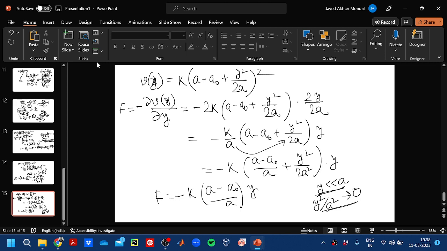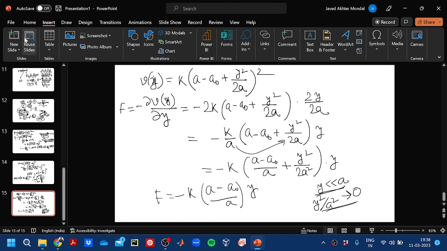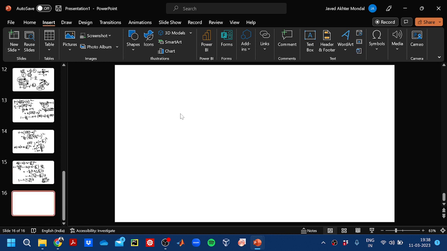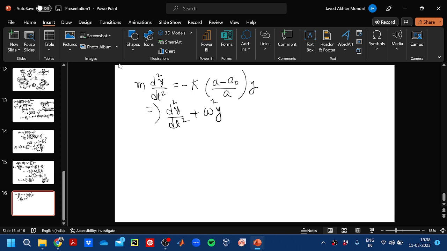So if we plug this into our equation, then we will get m d2y by dt square equal to minus k into (a minus a0) divided by a into y. So we can write this as d2y by dt square plus omega square y equal to 0.